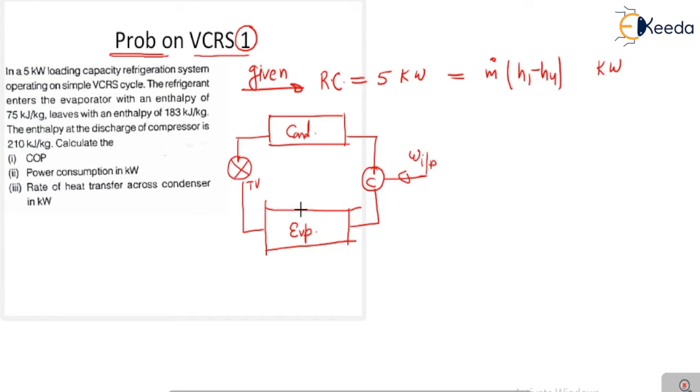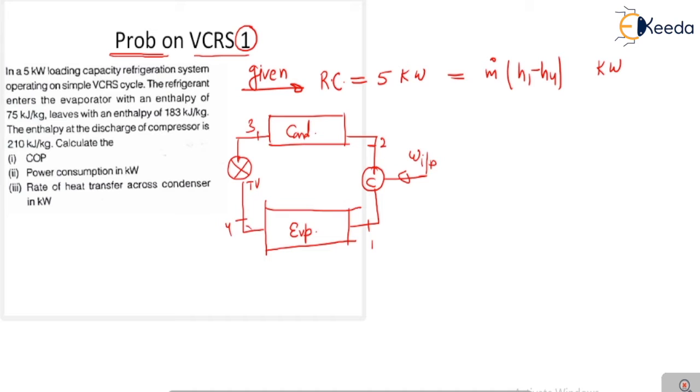Is it right? And now this is point first, this is your point number second, this is your point number third, and this is your point number fourth.